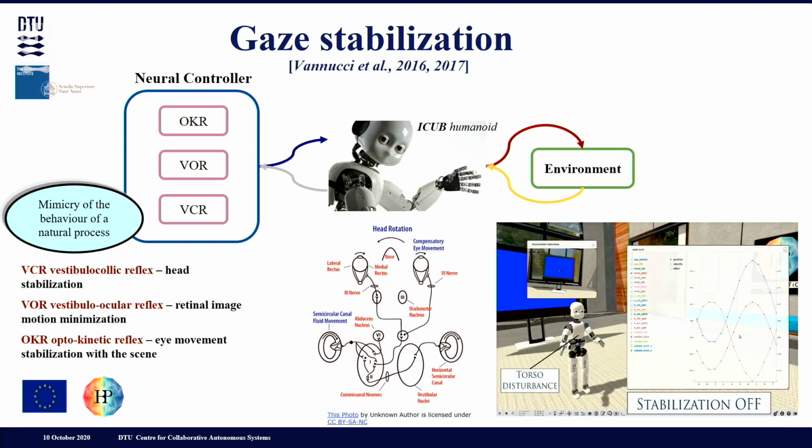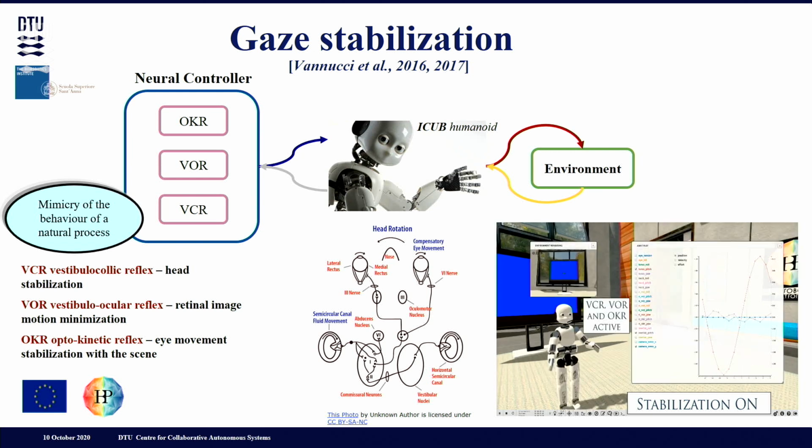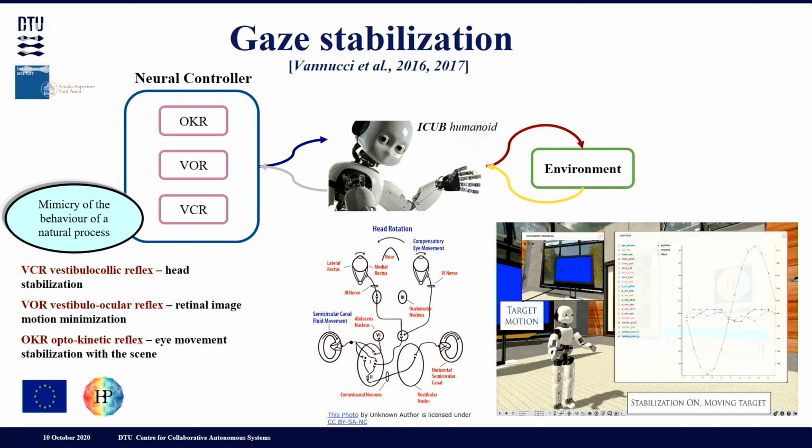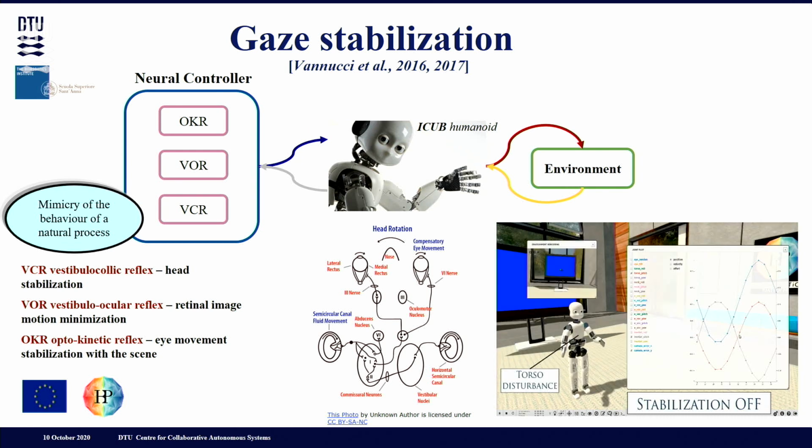Now I want to give you an example of how to mimic a behavior. In this case, the behavior is gaze stabilization. As human beings and other animals do, we are able to stabilize our gaze by using the internal models of the cerebellum. And we refer to our vestibular system. The vestibular system is used together with three reflexes, which are the VCR, the VOR, and the OKR.